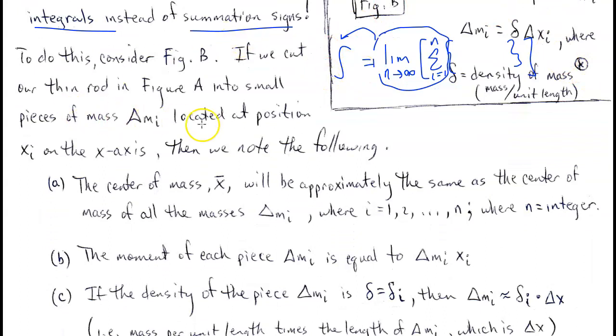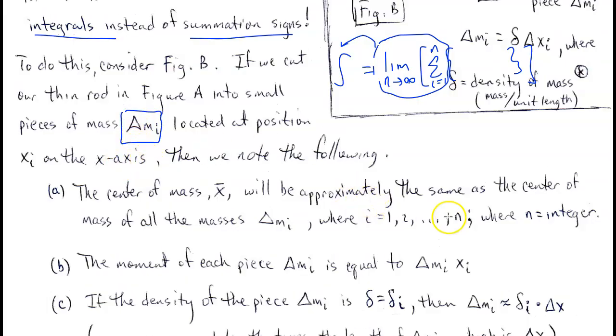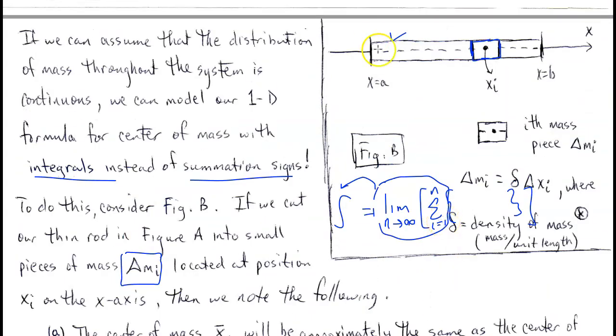So if we cut our thin rod in figure A into small pieces, each piece has a mass of delta m sub i. If this whole rod is going to be the system mass, and we call it big M here, then we can break this up into a bunch of pieces: this would be the first piece, second piece, third piece, fourth piece, fifth piece, and so on.